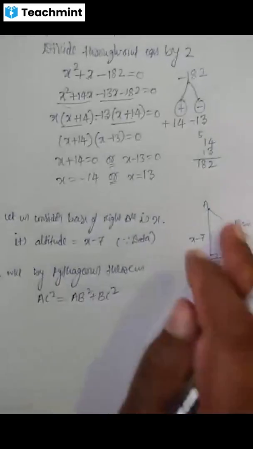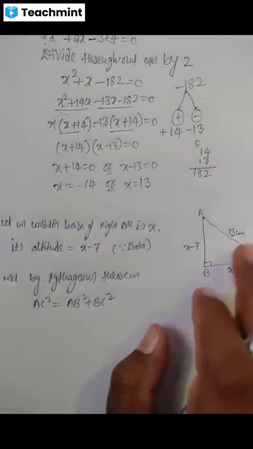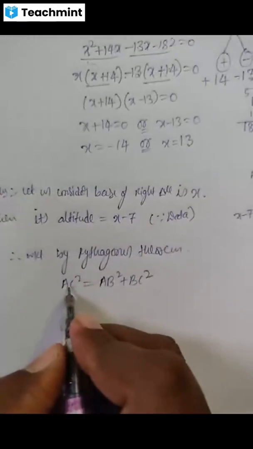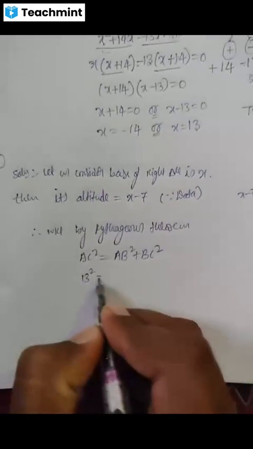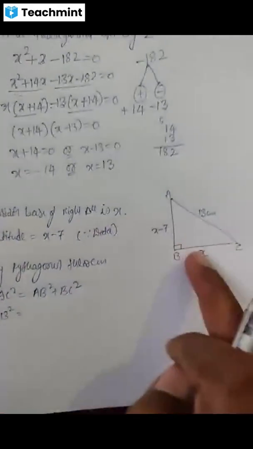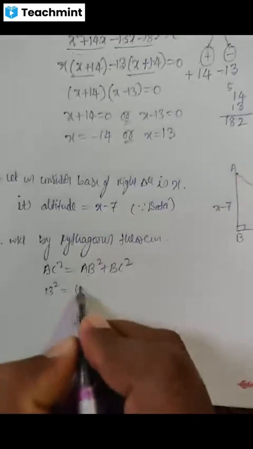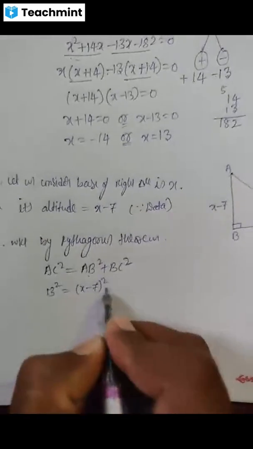So we just need the statement. Square of the hypotenuse is equal to the sum of the squares of the other two sides. So what is the square of the hypotenuse? That is AC. AC is 13 square is equal to AB, and here AB is taken as x minus 7 whole square. What is BC?